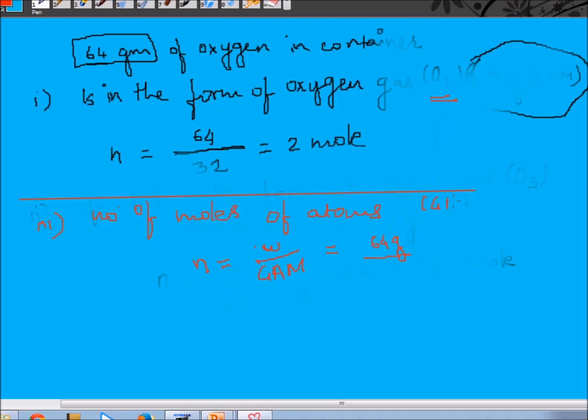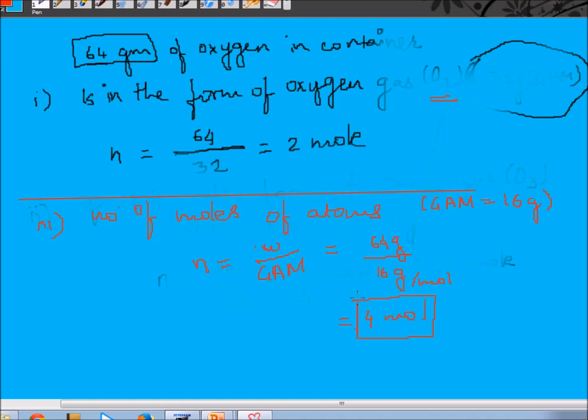Gram atomic mass of oxygen, we know, is 16 gram per mole. So 64 divided by 16 is equal to 4 mole. So we know that there are 4 mole atoms of oxygen inside that container.